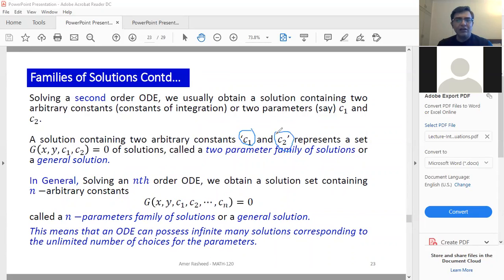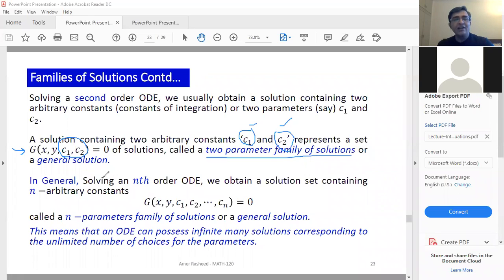So in order to get the solution of a second order differential equation, we must integrate it two times so that we get two integration constants C1 and C2. So the solution must contain two arbitrary constants, C1 and C2 here. This is the general solution, or we call it a two parameter family of solutions of that given differential equation.